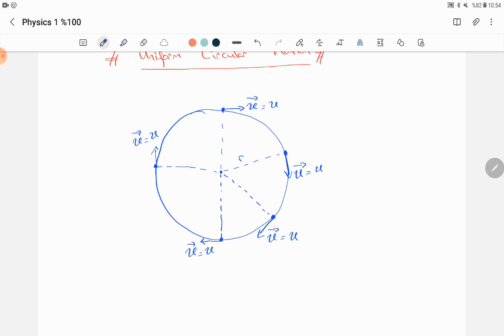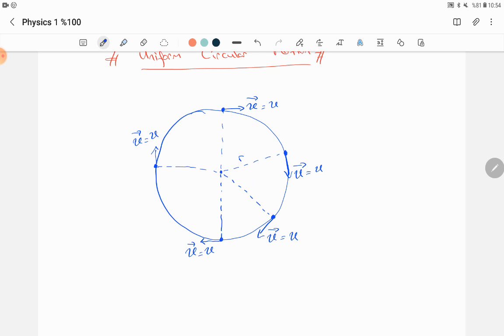In this motion our velocity's intensity is stable, but its direction is changing, so our velocity is changing with the angle.